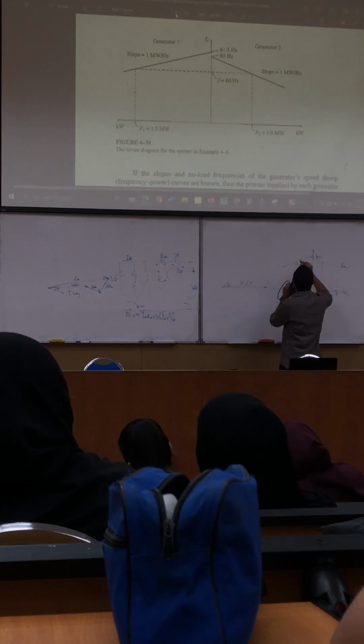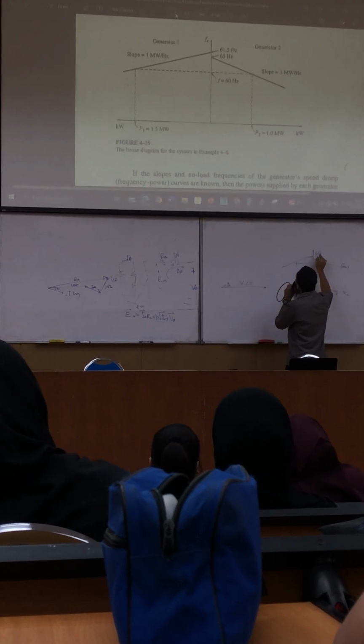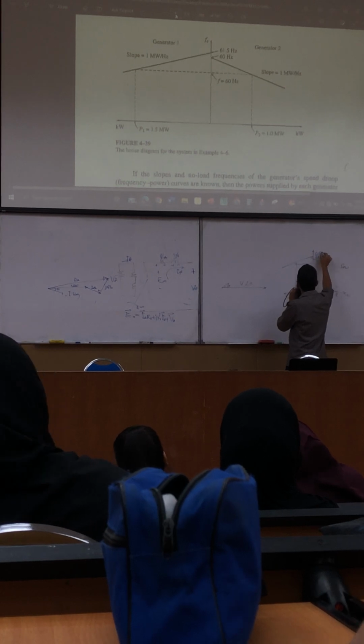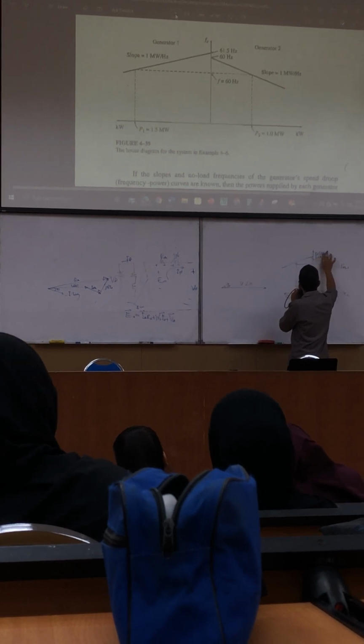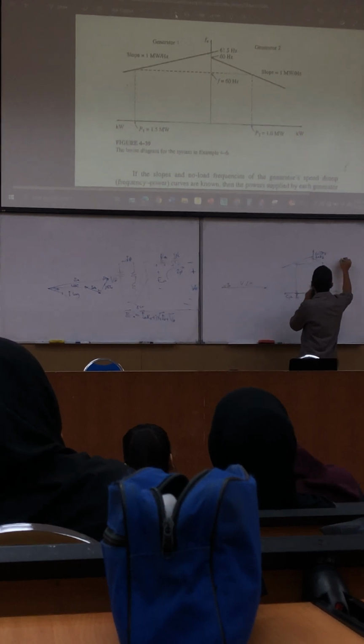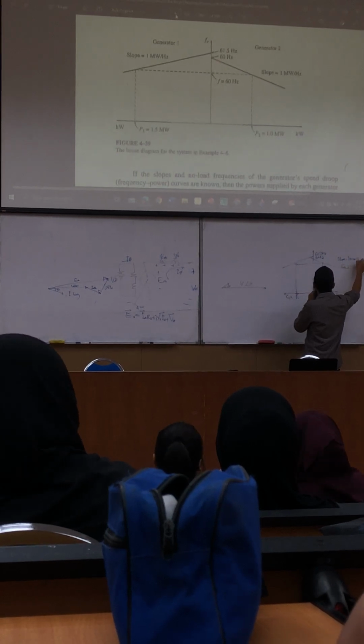So we have 61.5, we have 60 Hertz, we have slope 1 megawatt per Hertz.